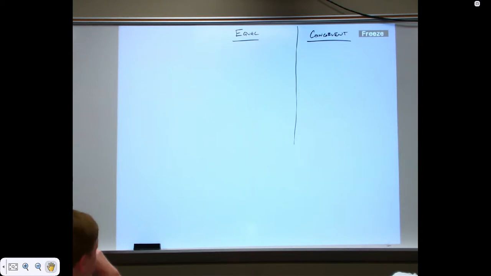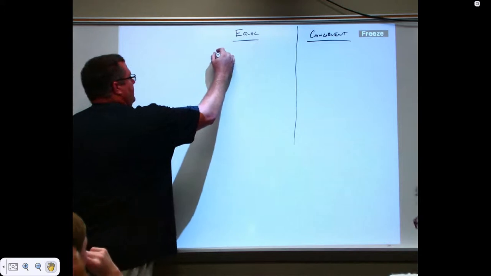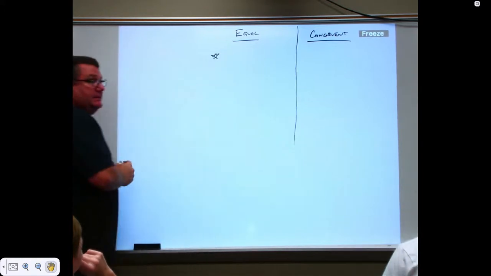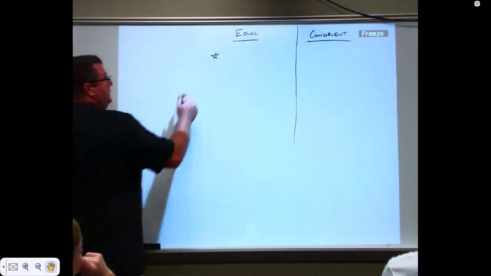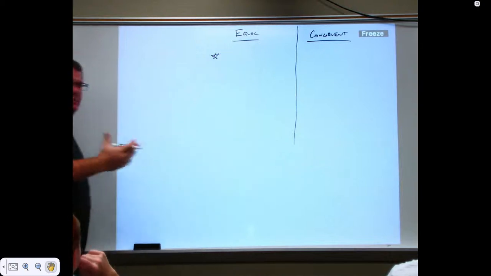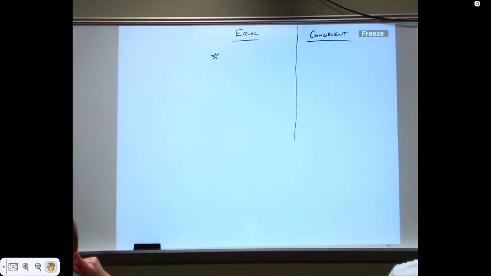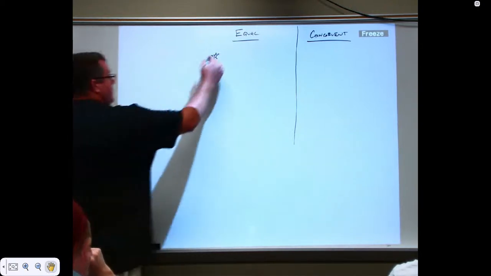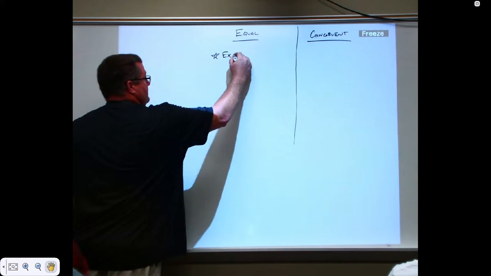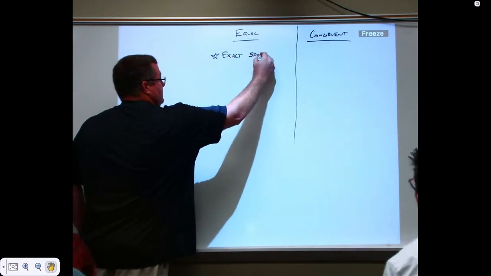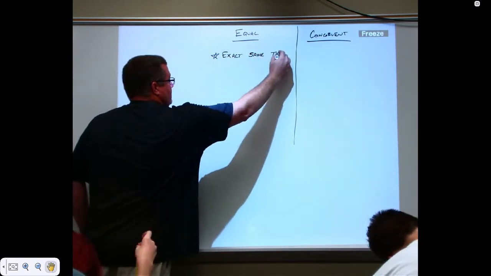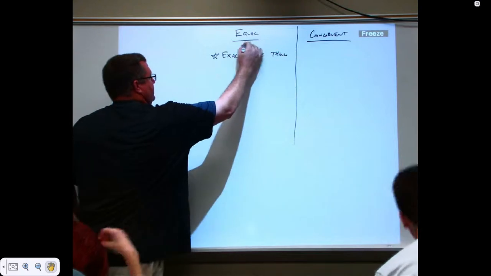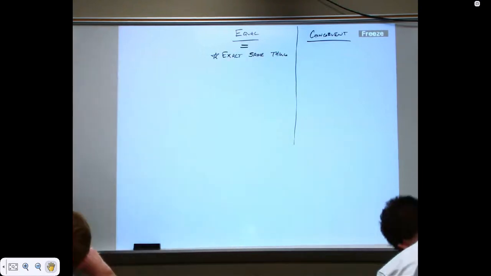No, I'm talking about congruent and same. Congruent means like equal. Mason, when you say equal, what do you think? The same. Exact same thing, right? Yeah. What sign do we use? That's the equal sign, isn't it?